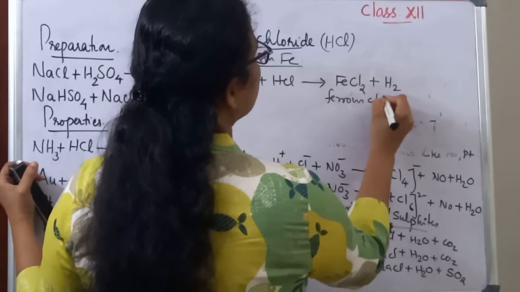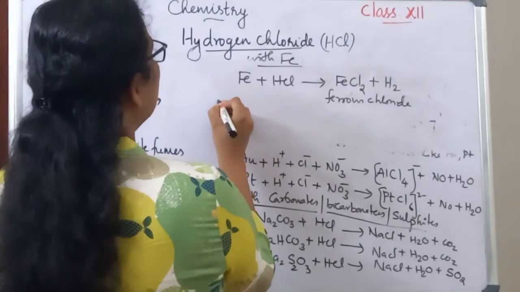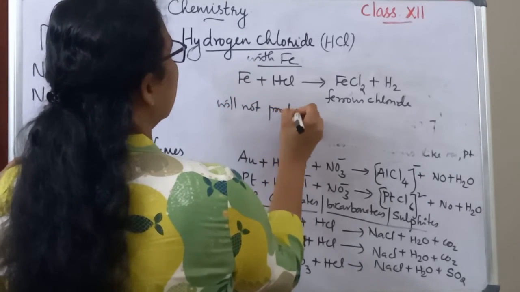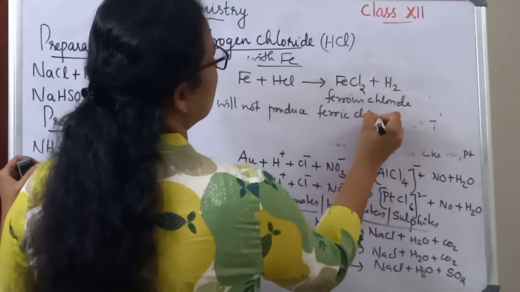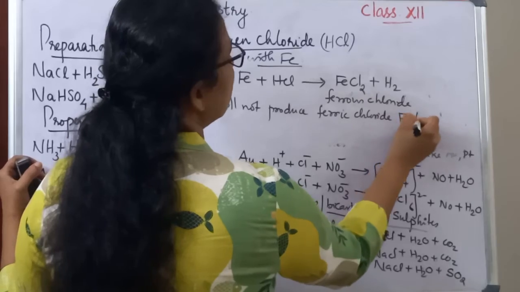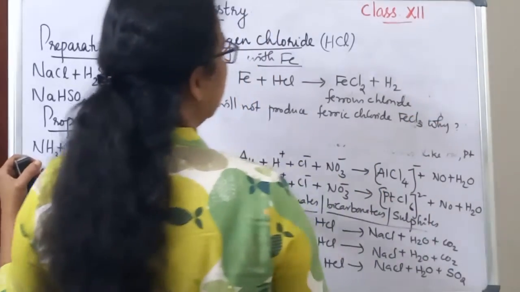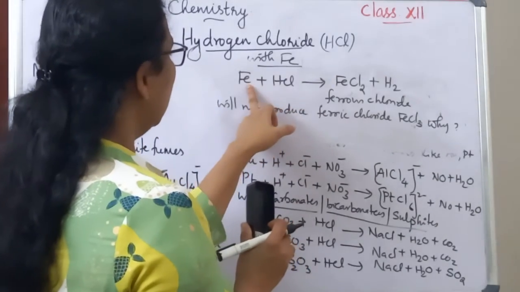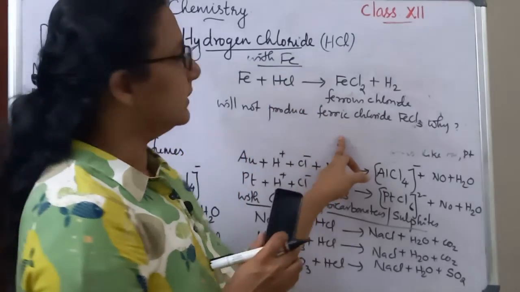Ferrous chloride, not ferric chloride. So it will not produce FeCl3. So this is an important question. Fe and HCl don't form FeCl3.